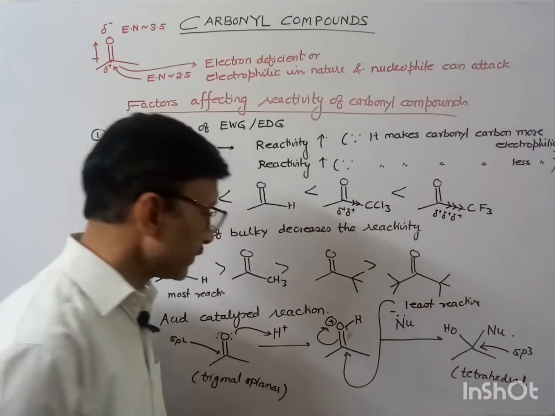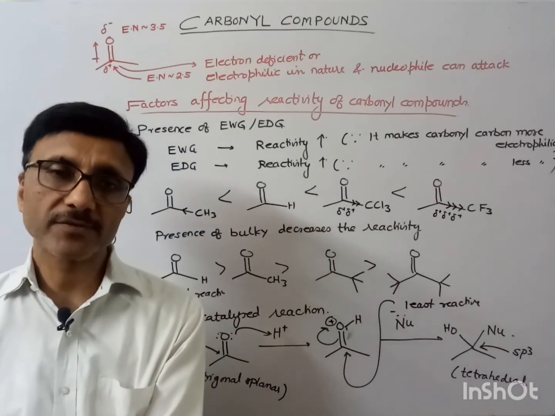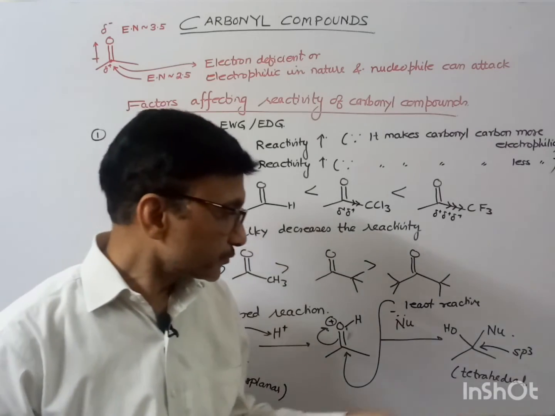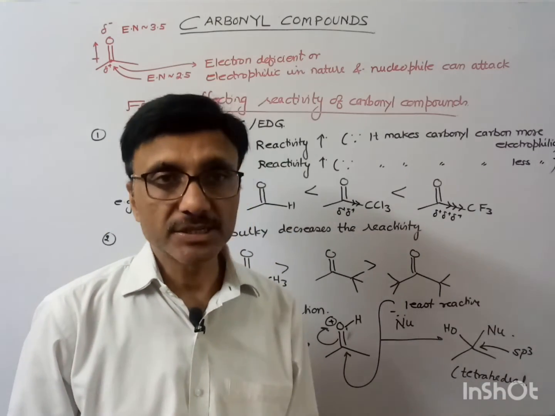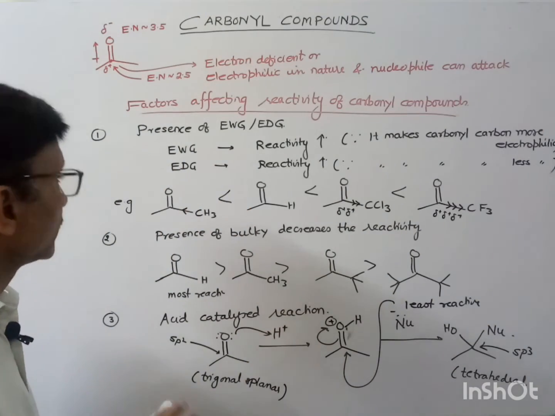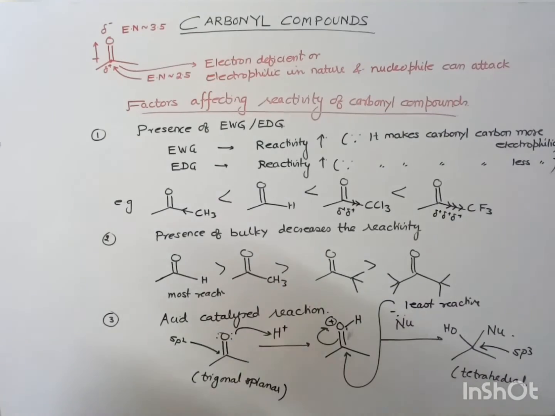As it is planar, the nucleophile can attack from the upside or from the downside, and finally we get this tetrahedral type of product. So this is about the factors which affect the reactivity of carbonyl compound.